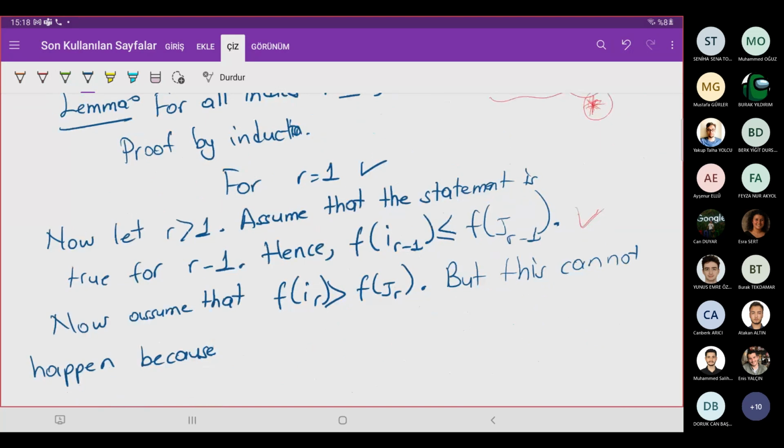But my algorithm selected ir. It always chooses the smaller finishing time. So this cannot happen, because the algorithm always chooses the one with smaller fi.